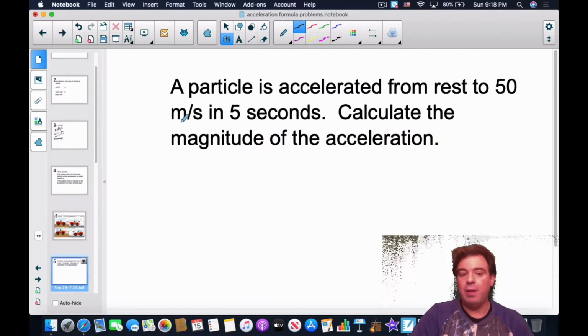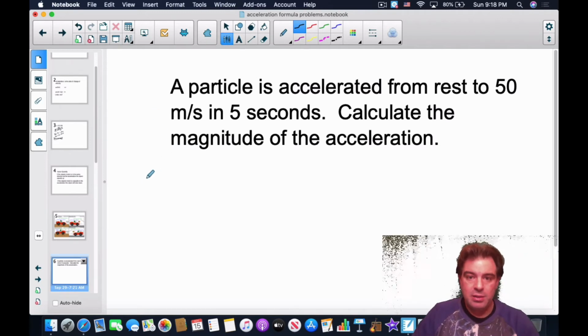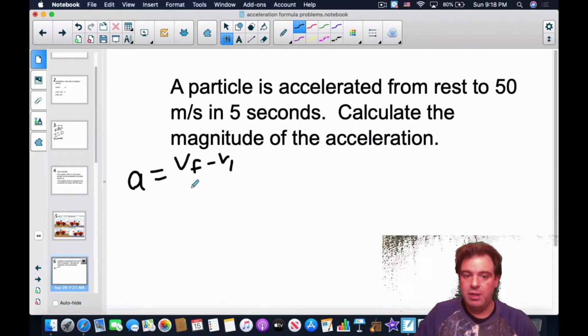So let's say we have the following problem. A particle is accelerated from rest to 50 meters per second in 5 seconds. Calculate the magnitude of the acceleration. So in this problem, they're asking us to find the acceleration. We just saw that acceleration is velocity final minus velocity initial divided by time.